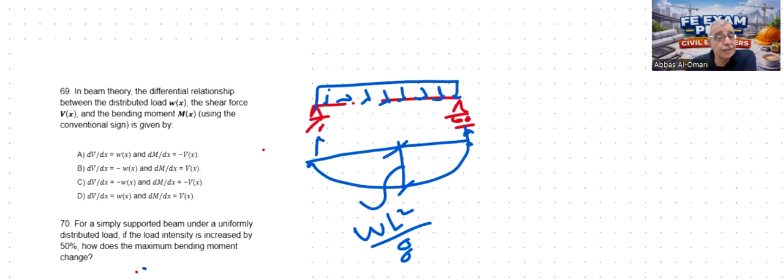The relationship is that W, the load, is the negative of the derivative of the shear, and the shear is the derivative of the moment. So the answer, if we look at the choices, we see that the answer is B.